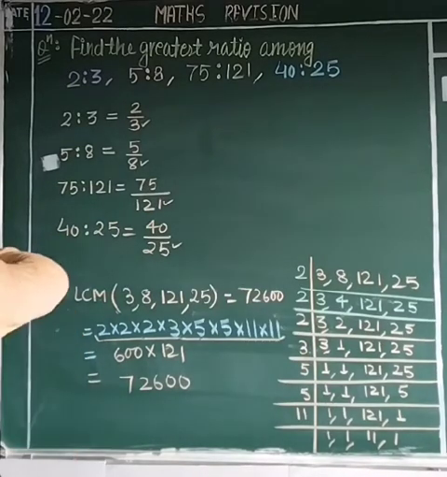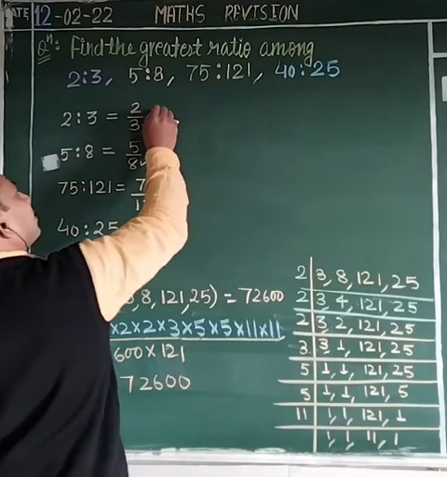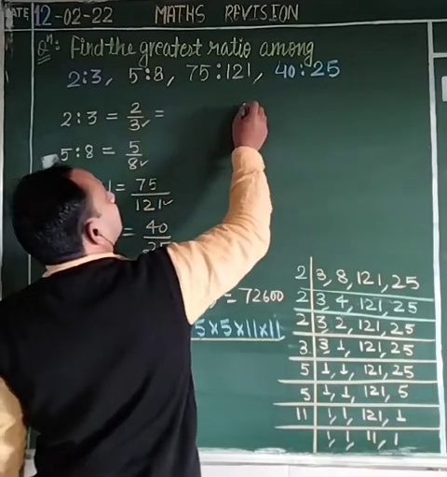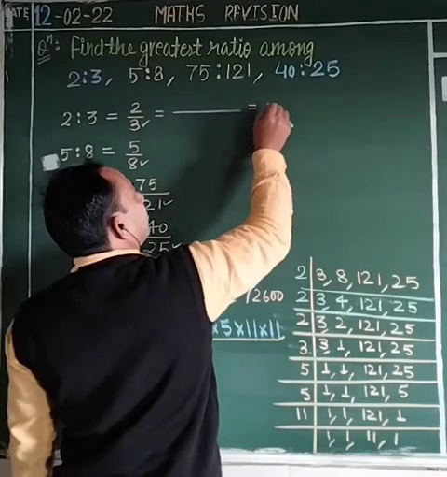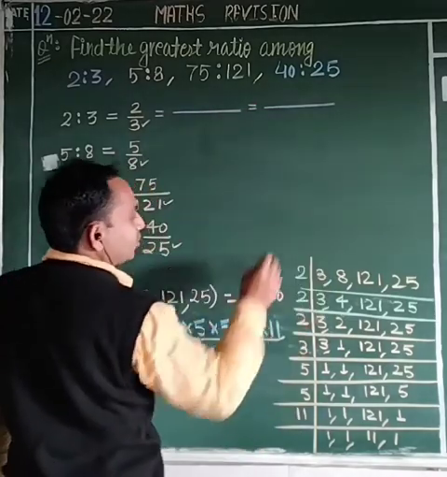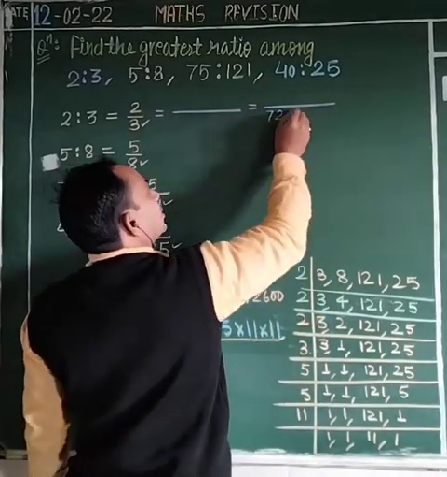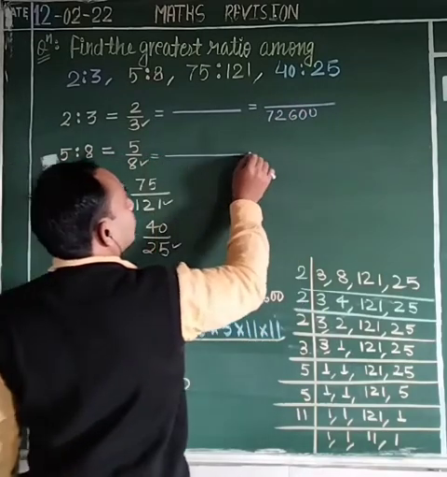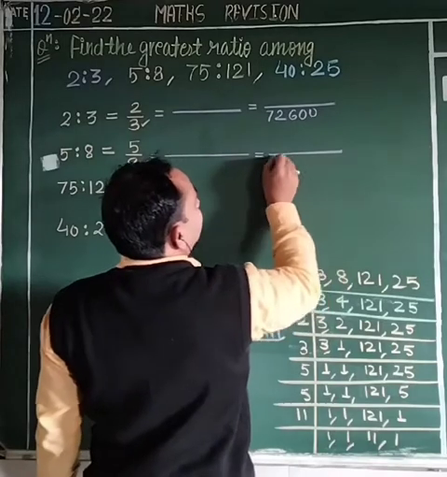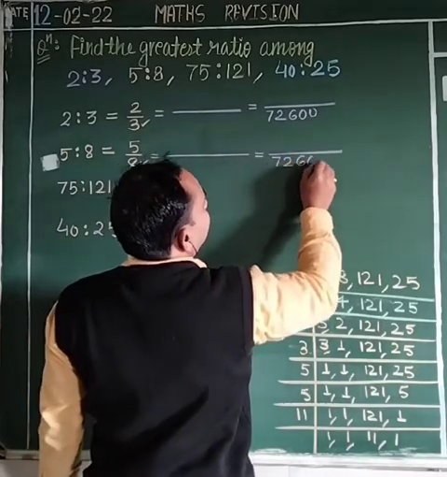Now come here. We will convert all the fractions so that the denominator will be 72,600. Here also the denominator will be 72,600.